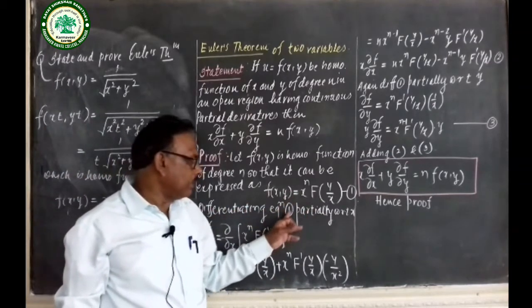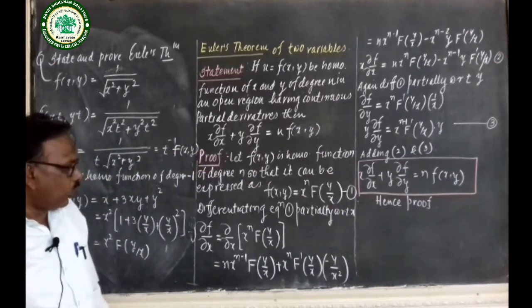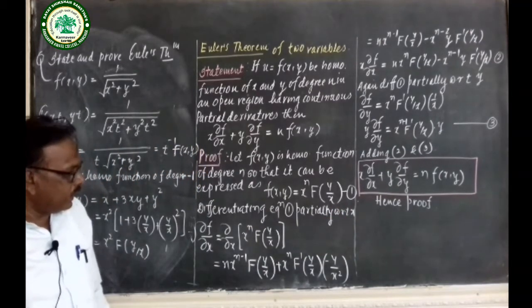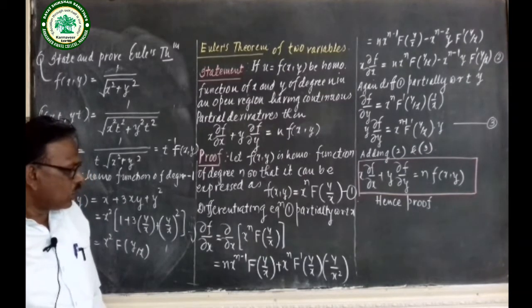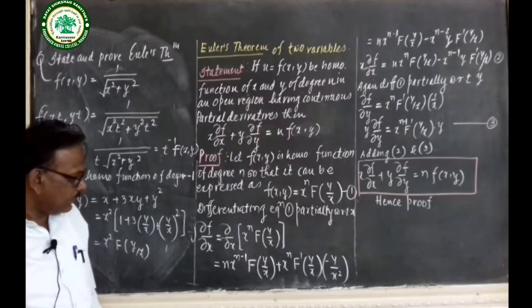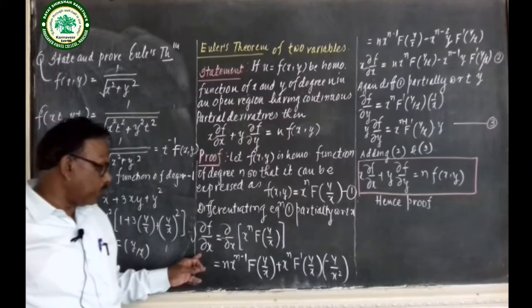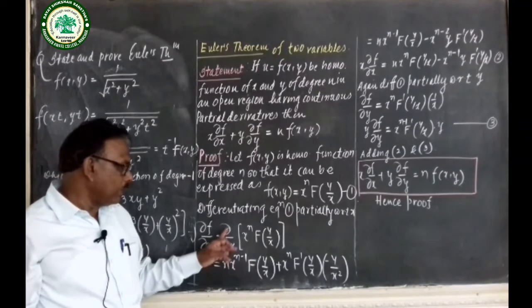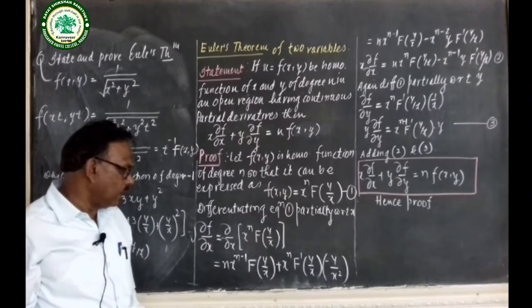Differentiating equation 1 partially with respect to x. You have to do partial differentiation here. You have to ignore y, remaining as it is, or y will be treated as a constant. Therefore, differentiating equation 1 partially with respect to x, we take the partial derivative of the bracketed quantity given in equation 1.